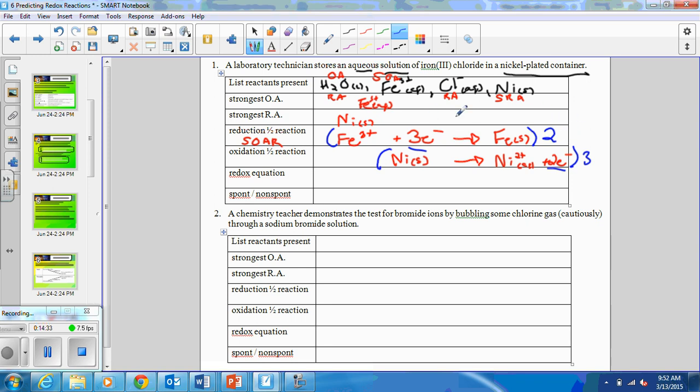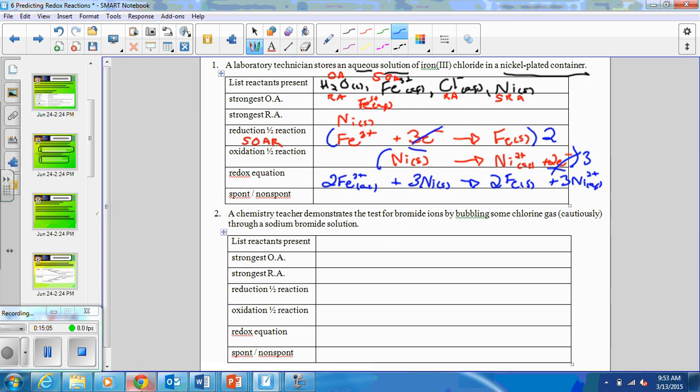So when I multiply everything, this will give me 6 electrons in each one. 2 times Fe3+ gives me 2 iron ions. 3 times nickel solid gives me 3 solid nickels. And I'm going to get 2 solid irons and 3 nickel ions.